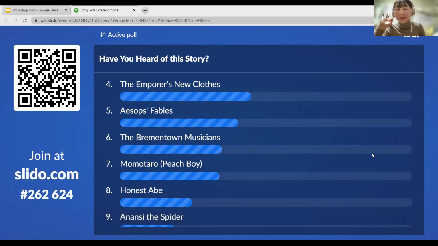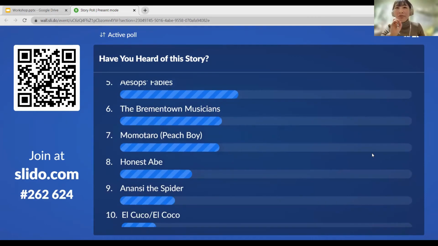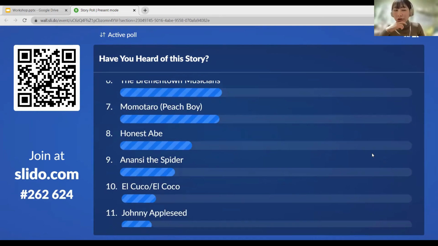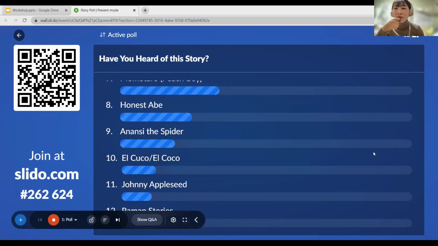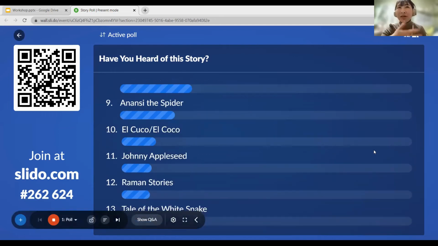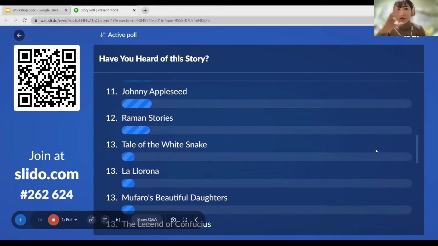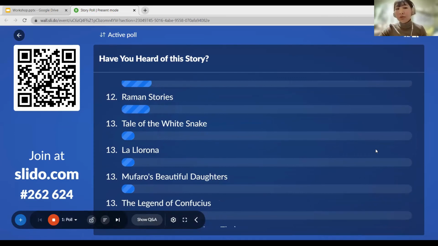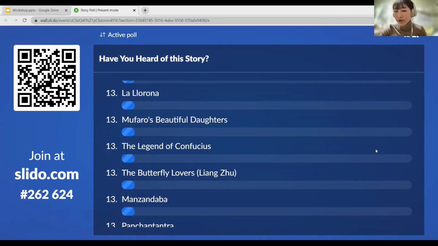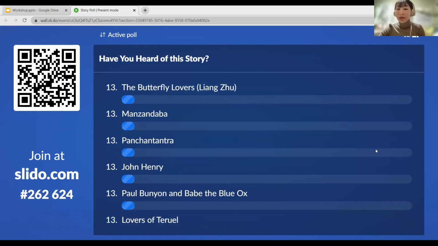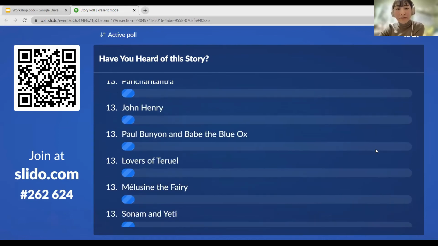But the thing is that all these traditional folktales that we know in our country aren't really in textbooks, and what are in the textbooks are more stories from different countries, or I would say Western countries. That was something that I realized when I was looking through this list, which I think is really interesting too.